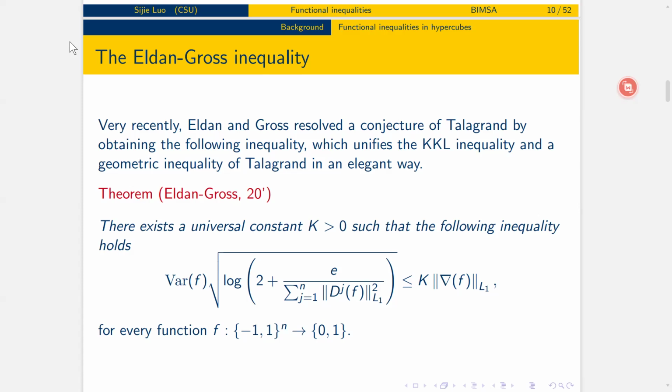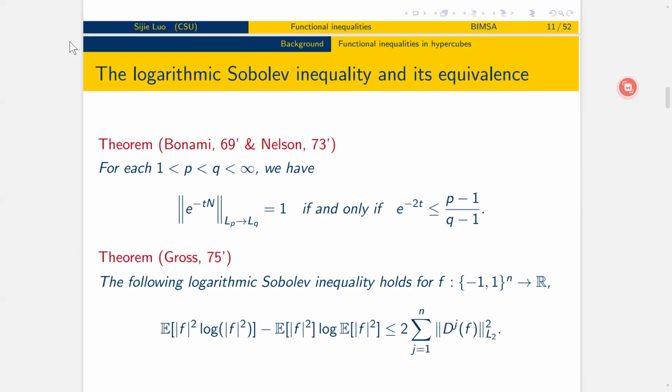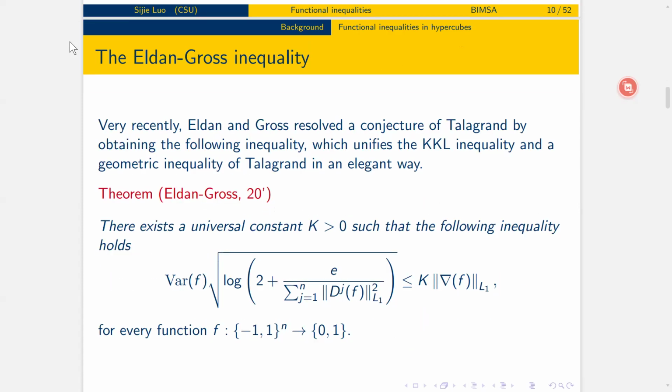So this term is always bigger than 1, and this result is always stronger than the L2 Poincare inequality, the trivial Poincare inequality on the hypercube. Okay, here is the story of Poincare inequalities on the hypercube.